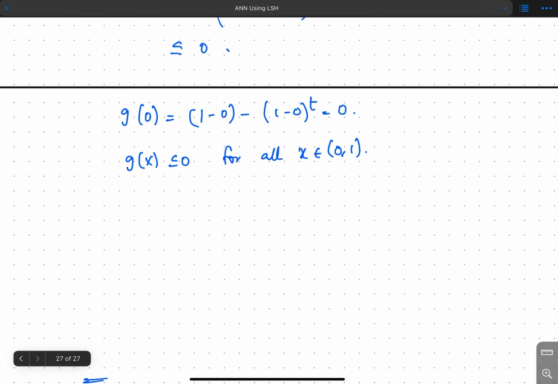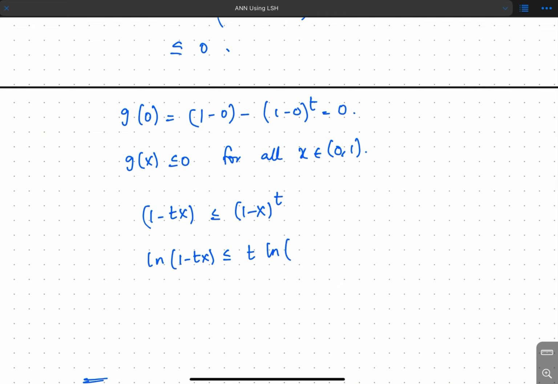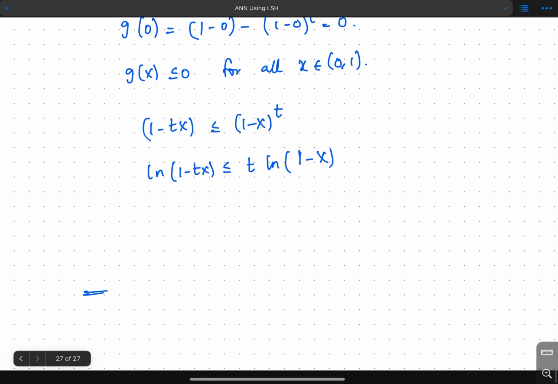We get that 1 minus tx is less than or equal to (1 minus x) whole power t. Taking ln on both sides, we get that ln of (1 minus tx) is less than or equal to t times ln(1 minus x). So both of these are in between 0 and 1, so they have negative values.